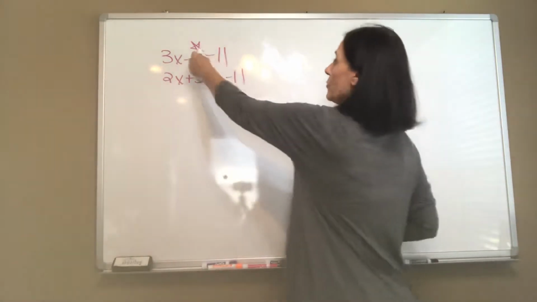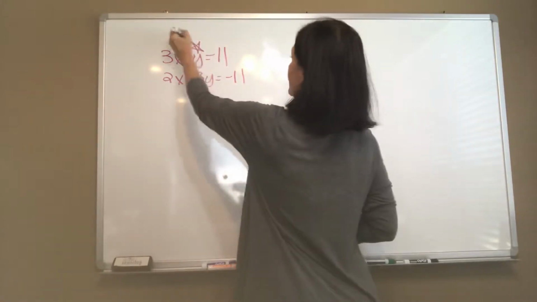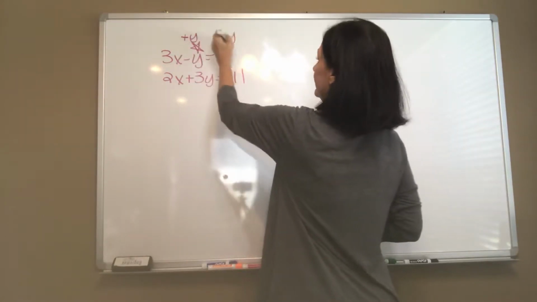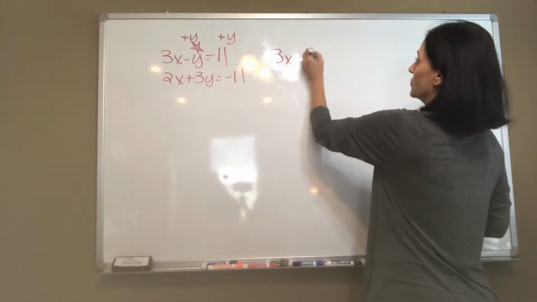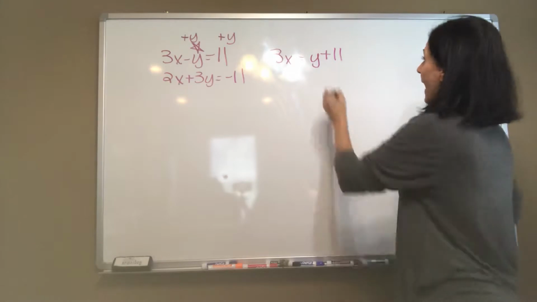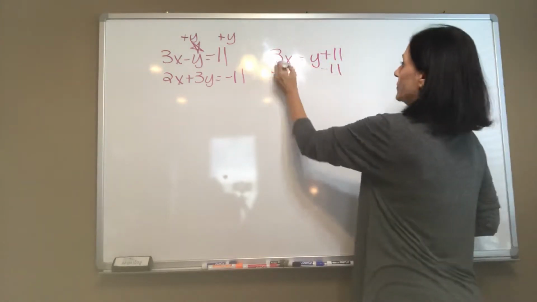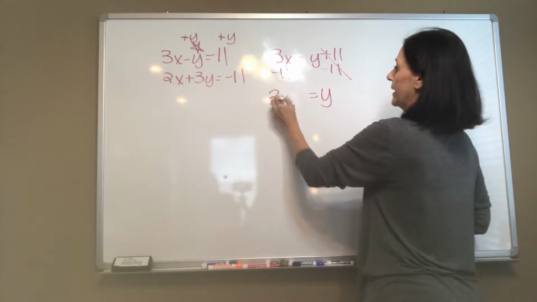So I'm going to move the y to the right through addition. So I'm going to add the y, and I'm left with 3x equals y plus 11. Then I'm going to subtract the 11 on both sides so that I have y equals 3x minus 11.